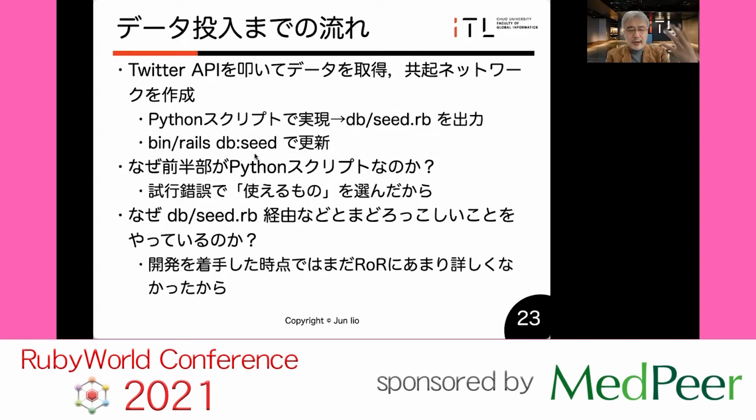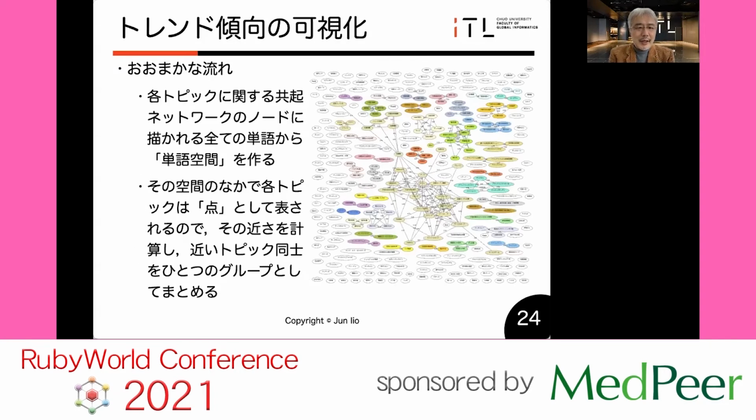And then with bin/rails db:seed, the update is done every 20 minutes. So why did I do such a cumbersome thing? To be honest with you, when I started working on this project, I was not very knowledgeable about Rails. So I just tried to do whatever I could do. So sorry about this cumbersome result.